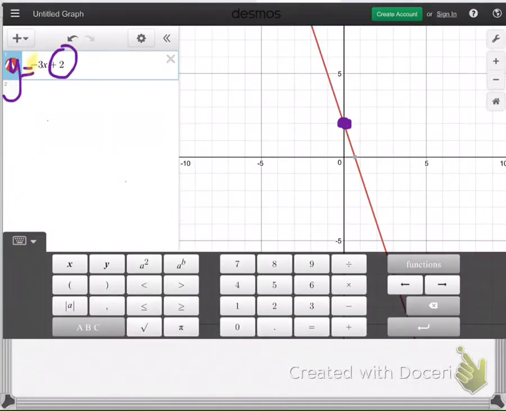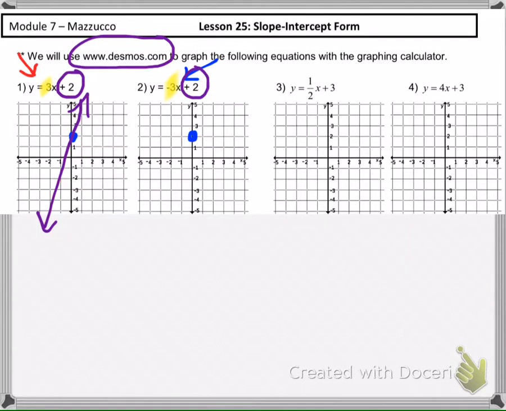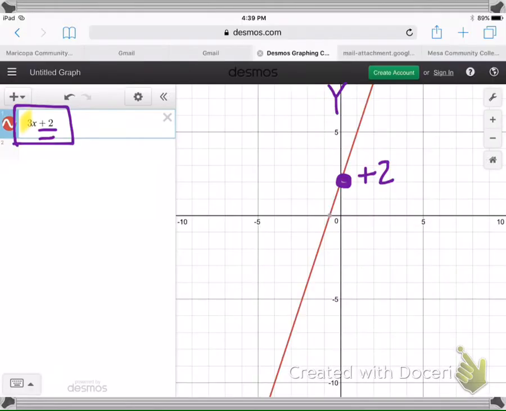Whereas this one, it was negative, and the graph is going downwards. So because this is positive 3, it's going to go upwards, and because it's negative 3x, this one's going to go downwards from the left to the right. So that 3 there seems to represent the slope or the rate of change number.